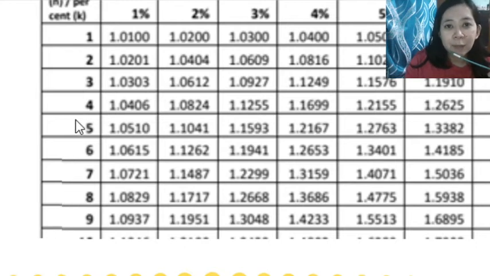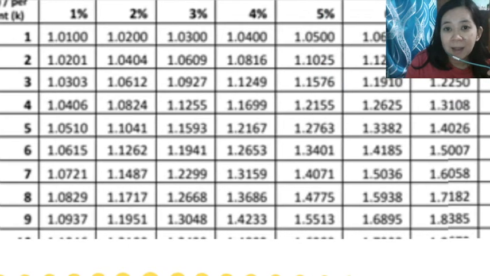Again, for example, if our investment is 1,000 at 5% with a 5 year investment period. To locate the discount factor from the table, all you have to do is first look for the number of years right here. This is the number of years that you will invest.